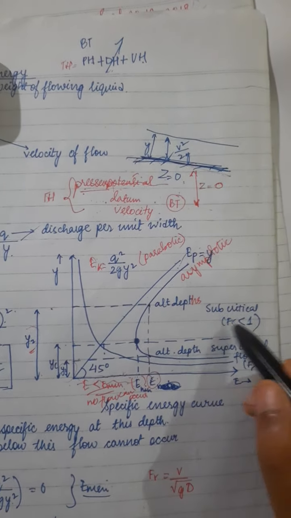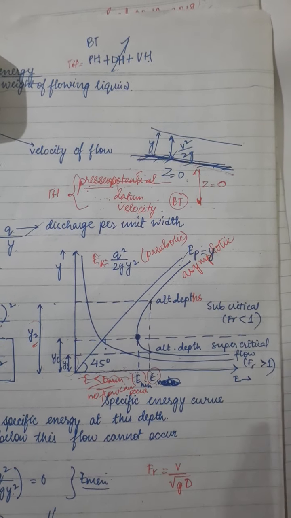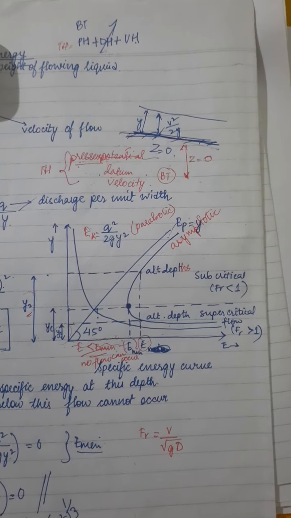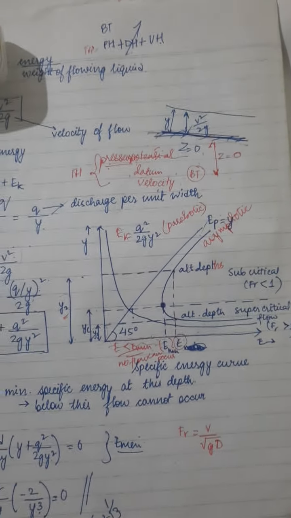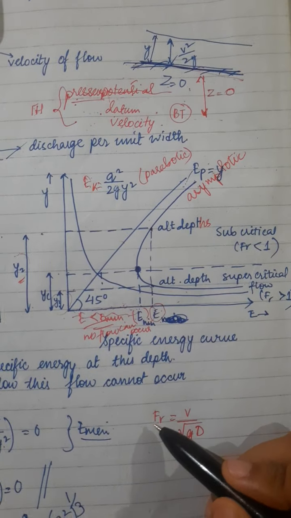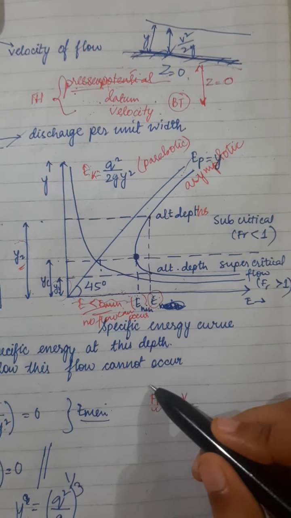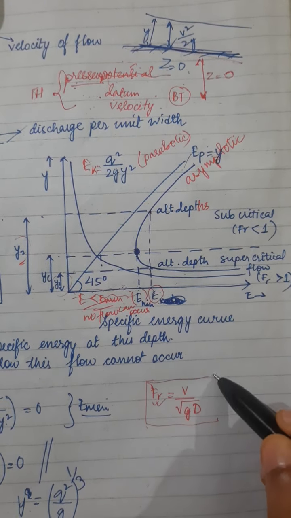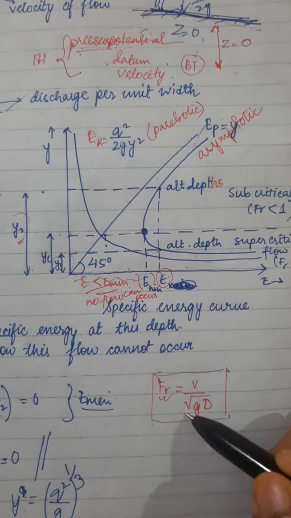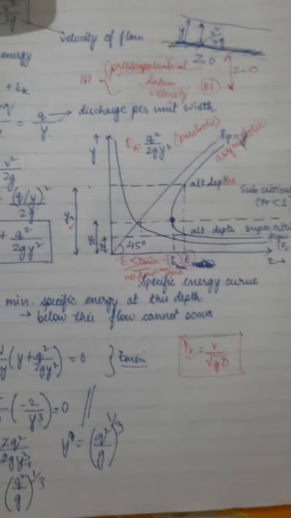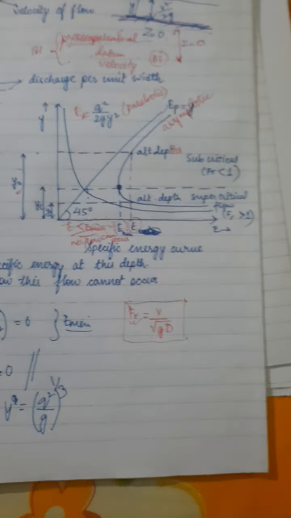In the case of subcritical flow, we have a number called Froude's number. That is actually the ratio of inertia to gravitational forces. In terms of Froude number in this specific energy, this value is v by root over gD. Now Froude's number is dependent on velocity.